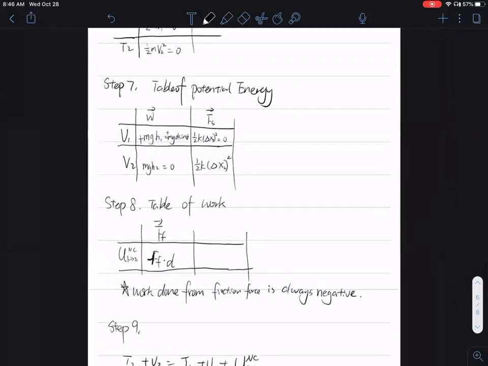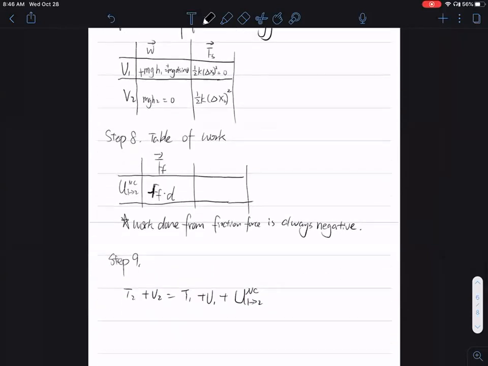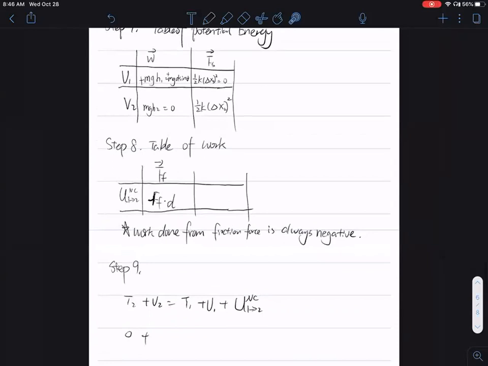Look at your table for kinetic energy. T2 equals 0, T1 equals 0. That's pretty easy. We can plug in T2 and T1. Also plug in what V2 is. For V2, we have 2 parts. One's from gravity, another one's from spring. So make sure you add them up.